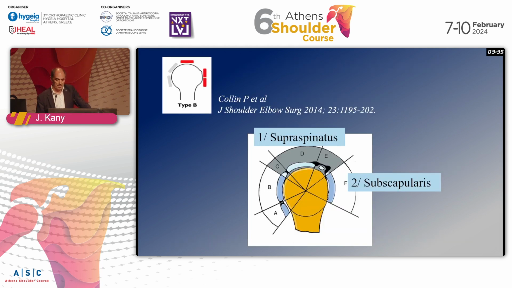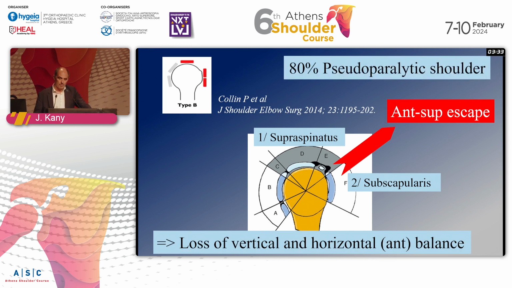You know probably this jaw. When you have no subscap and no supraspinatus, you have both a horizontal anterior and vertical imbalance of the shoulder. You may have an anterior superior escape. There are two directions. This gives a cervical shoulder in 80% of the cases, and this is the good definition of Burke.